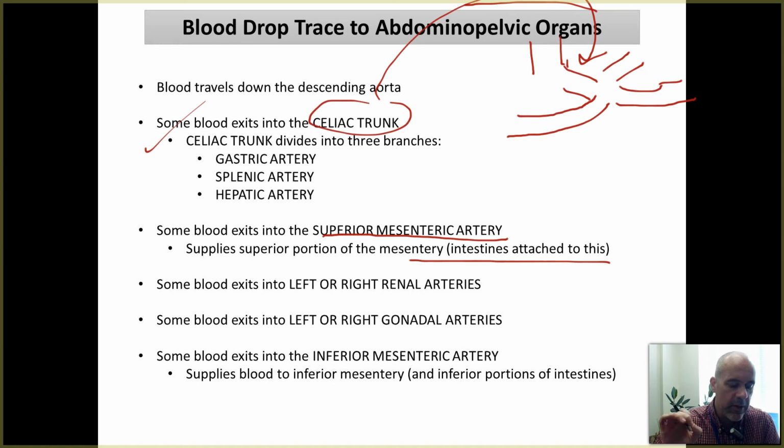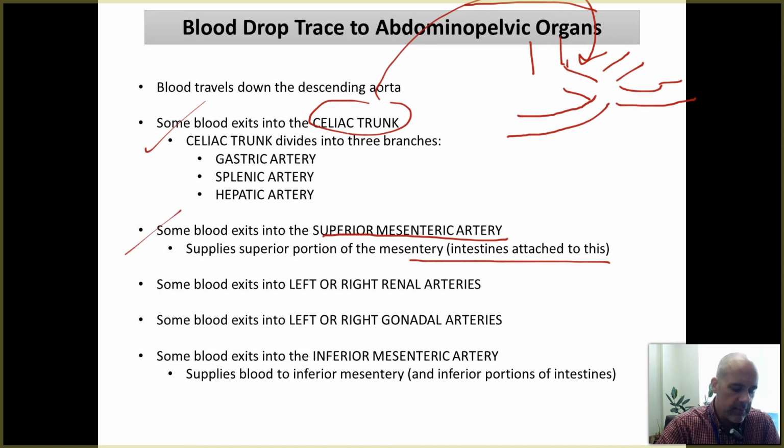So the superior mesenteric artery serves the superior portions of this membrane to which the small and large intestine are attached. That artery is going to provide oxygenated blood to quite a bit of the small and large intestine.